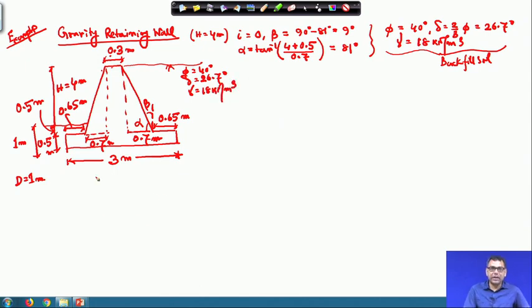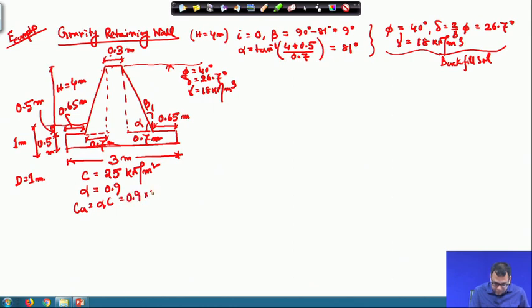But the base soil can have different properties also. Here the base soil properties are given: C is equal to 25 kilonewton per meter square, and alpha is the adhesion factor here, which is 0.9. So, Ca is equal to alpha into C, which is 0.9 into 25.